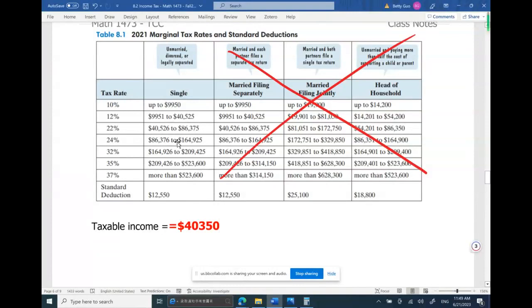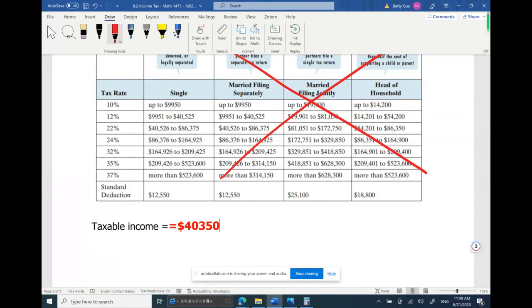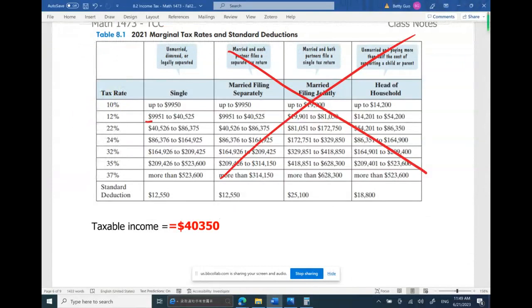So now we know this person falls in the second bracket. His taxable income is $40,350, which is somewhere between 9,951 and 40,525. So we only need to use the first two tax rates.